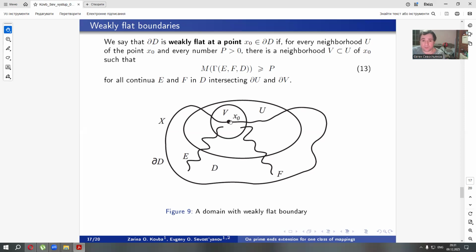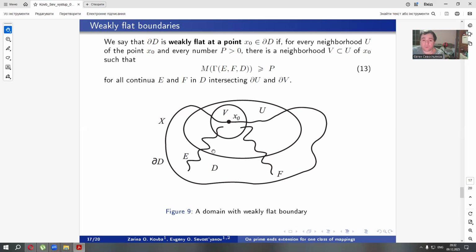So we have a point x naught, an arbitrary neighborhood U of x naught, and a smaller neighborhood V of x naught contained in U, and two arbitrary continua E and F intersecting ∂V and ∂U.